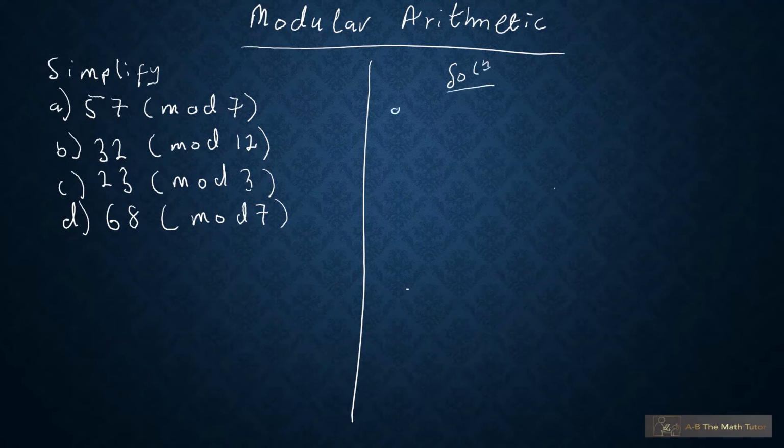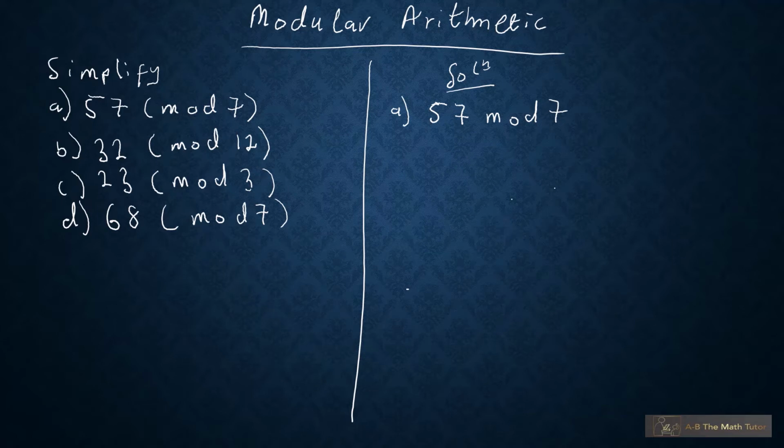So, we are trying to find 57 in mode 7. The first step towards solving this problem is to divide 57 by 7 and find what the remainder will be.